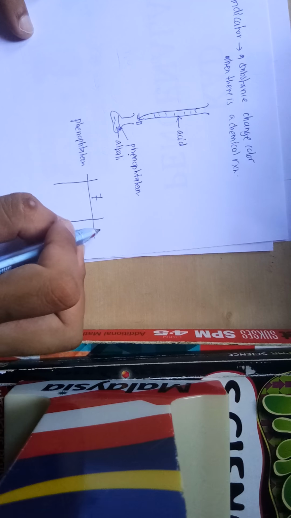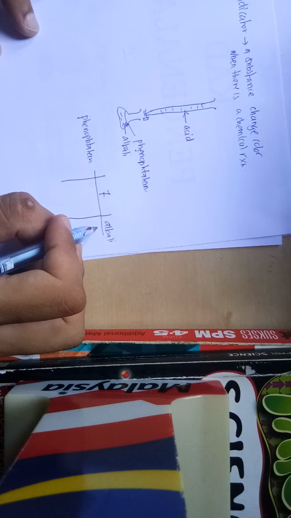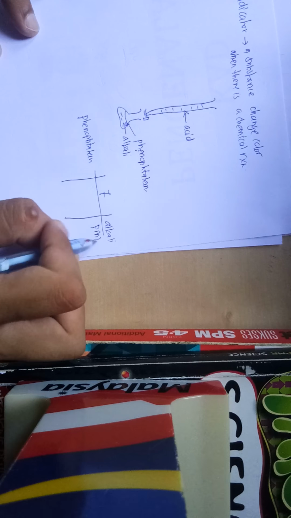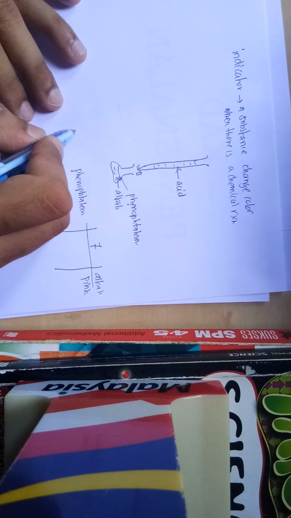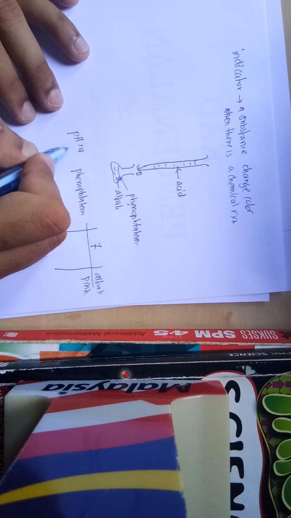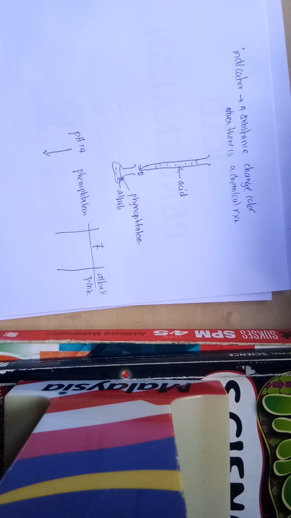So you put it in alkali, and the color of phenolphthalein will become pink. Of course, when you put acid, the alkali will drop from pH 14 because it gains more hydrogen ions. When you put more acid, it means you put more H plus, right?